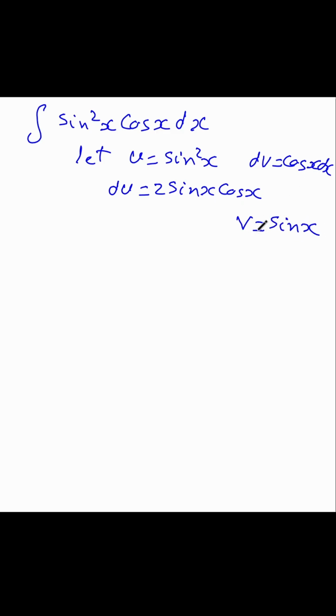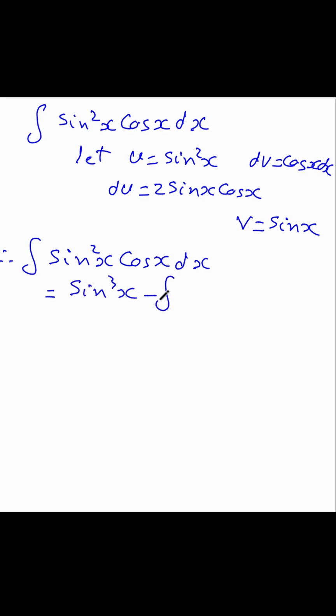So v equals sine x. Therefore, the integral of sine squared x cosine x dx is equal to uv, the rule said uv means sine squared times sine, which is sine cubed x minus the integral of v du.